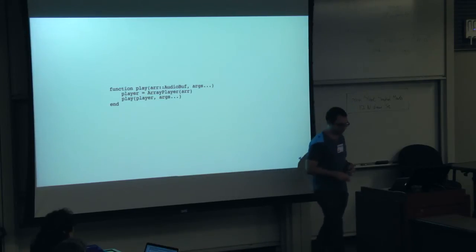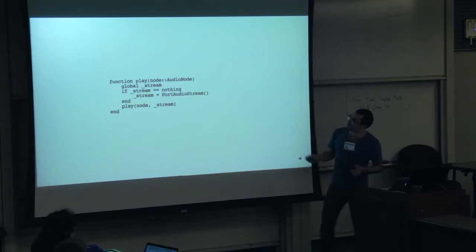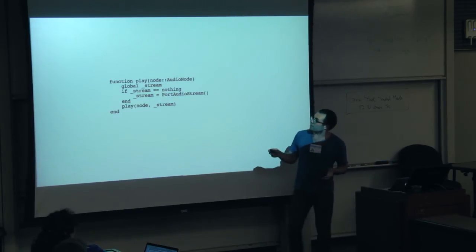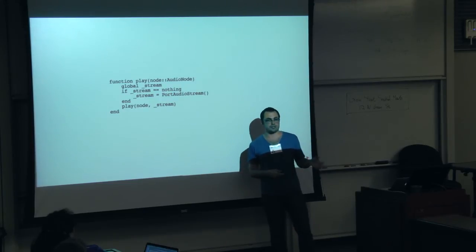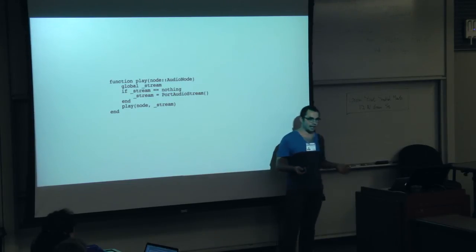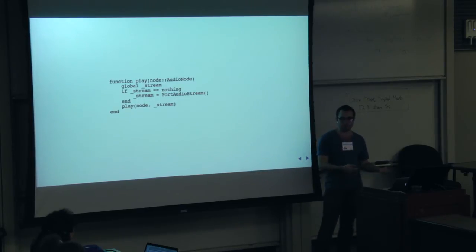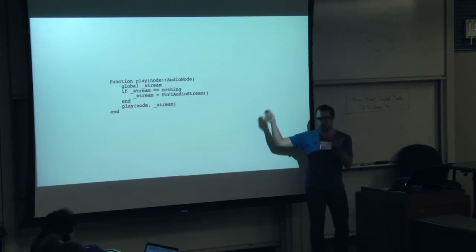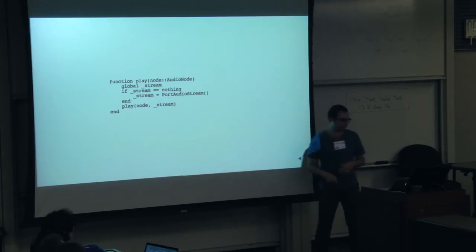So what happens when you play a UGen? This is where things get a little interesting. Oftentimes you'd want to be able to play to a different stream. You might know more about which audio stream on your computer you want to play to. You might want to stream to something like an IceCast so people can subscribe on the web.